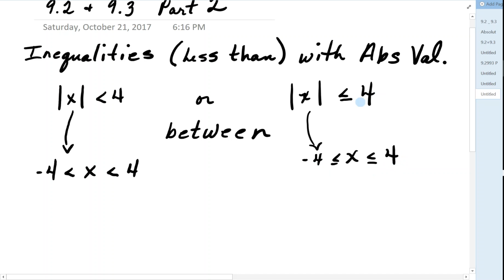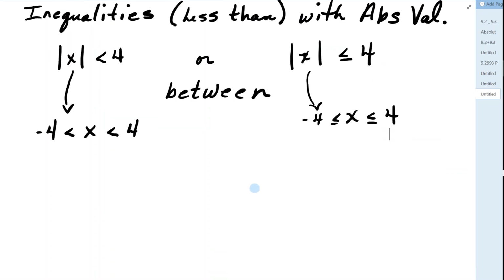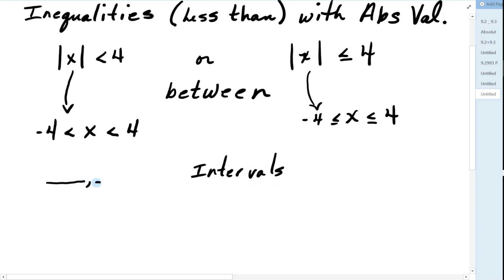You will be talking in terms of something called intervals, and hopefully you've seen that before. But an interval is a way of describing a range on a number line, and you put the leftmost value first. You put the rightmost value second. That's all you do, is where it starts and where it stops.